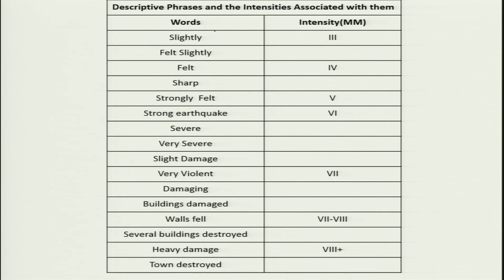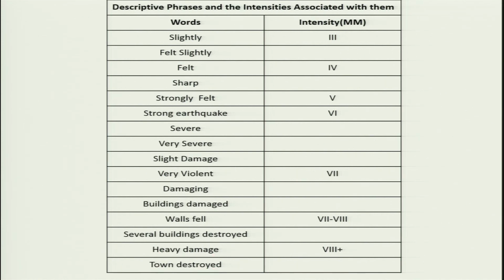But in the literature you will find words or phrases written such as slight, felt slightly, felt sharp, strong, and so on, and you will also find notes based on the damage, talking about heavy damage or the town destroyed completely.